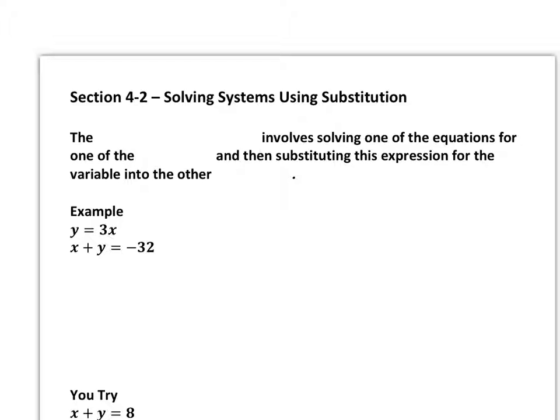All right, and the substitution method involves solving one of the equations for one of the variables, and then substituting this expression for the variable into the other equation.